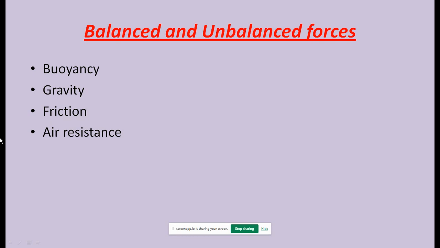For example, when you throw a shuttlecock into the air, if there is a strong wind, the speed of the shuttle will change. Even if you hit it hard, soon it would slow down because of air resistance.